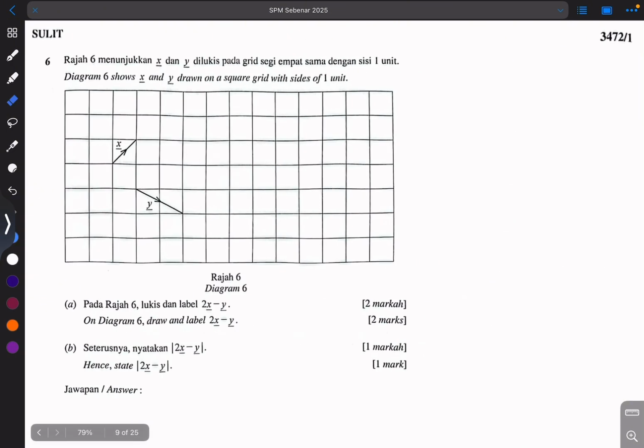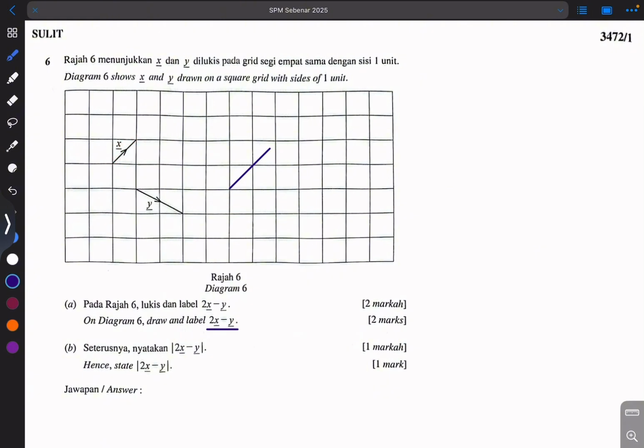Question 6. Diagram 6 shows x and y drawn on a square grid with sides of 1 unit. So this grid is 1 unit, 1 unit. A. On diagram 6, draw and label 2x minus y. Okay. So x is going this way. So 2x will be double of this. So let's just take here.